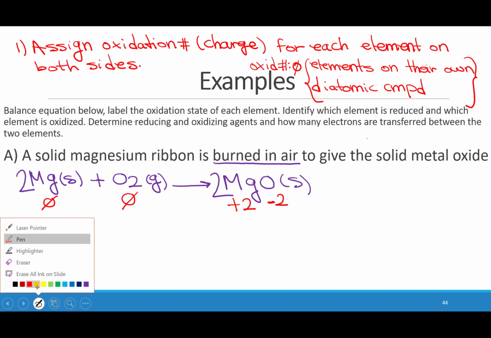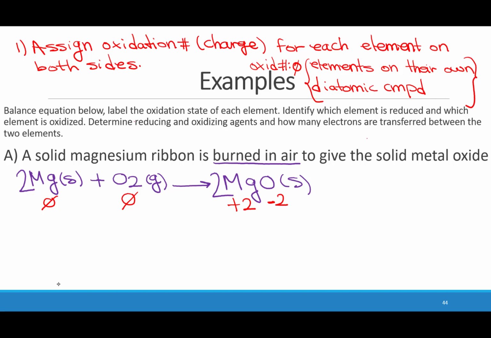Once you know the charge on each of the species, what you want to do is look for the charge for magnesium on both sides. Look here. The oxidation number or charge for magnesium went from 0 to +2. When it goes from 0 to +2, that means it has lost electrons. Electrons contribute to negative charge.